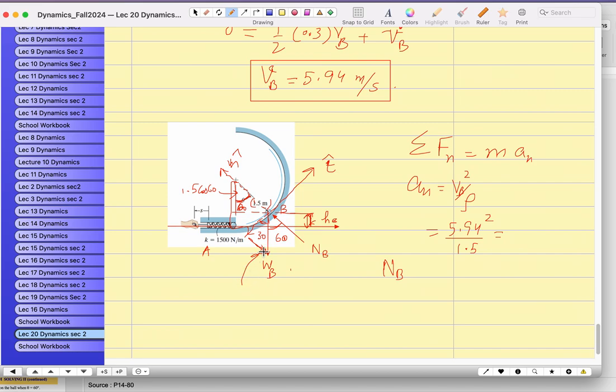So this side is WB sine 30. Do you agree with your professor? WB sine 30 equals mass times acceleration. Mass is 0.3. Acceleration we already found. So one unknown, one equation. NB comes out to be 8.53 newtons. This is your answer.